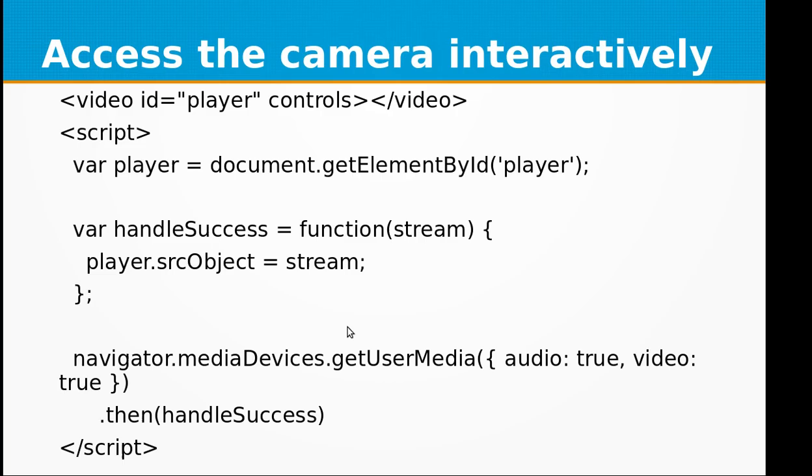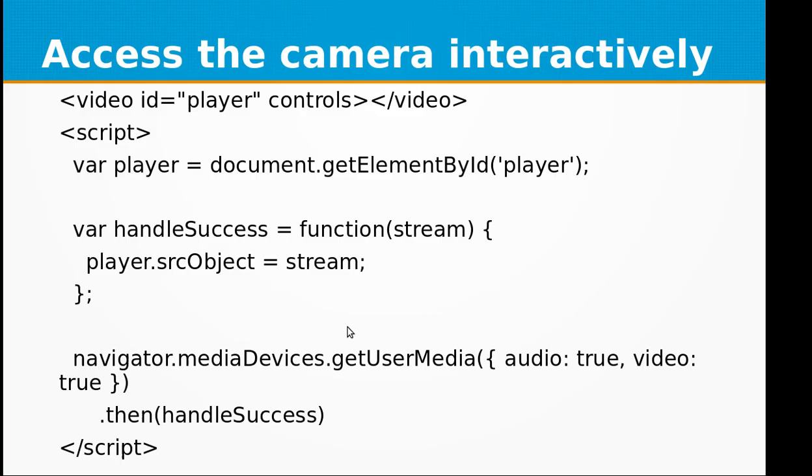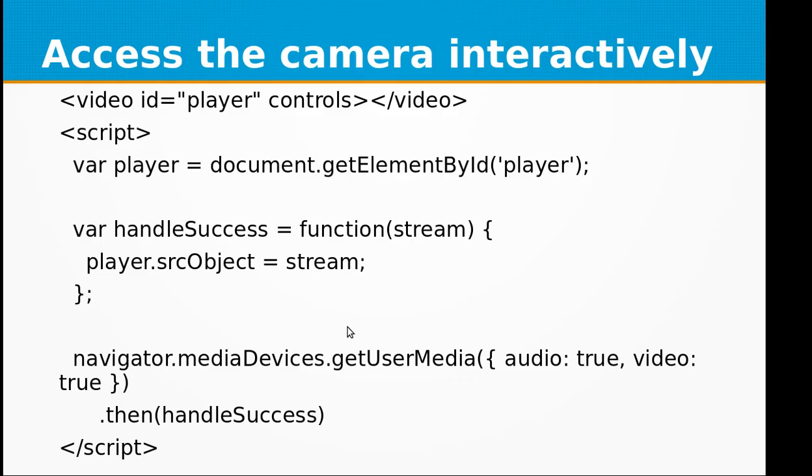Put a semicolon here. Okay, now we are going to use the browser's library, navigator.mediaDevices. Basically navigator is the object which is part of the browser object model. navigator.mediaDevices.getUserMedia, and we are going to set audio true and video true.